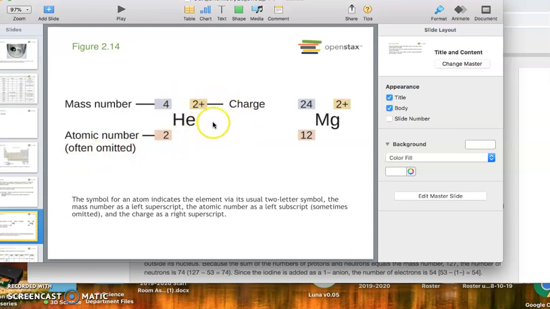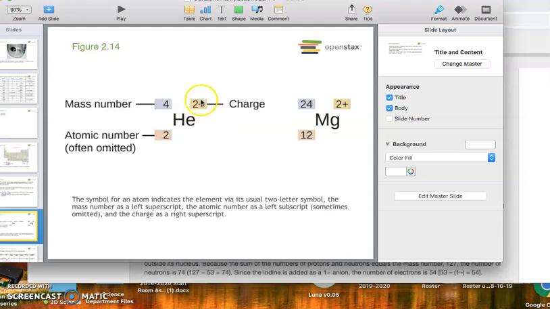If it has a charge, it is going to be on the right side, and the charge is always after the number, not before. Now, you may see me write it before. That's just because I'm like you, I've done math mostly, more so than chemistry all my life, and so it's just sort of a bad habit. But in chemistry, we normally will write the sign after, and that's indicating the charge. It's not indicating you have like 2 of something.